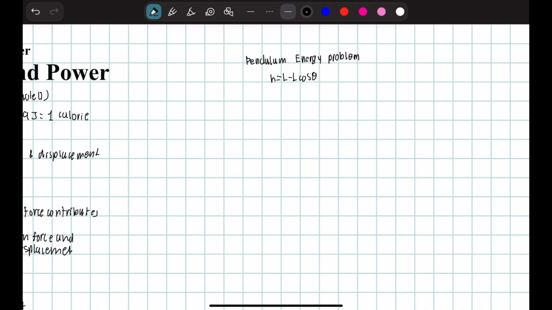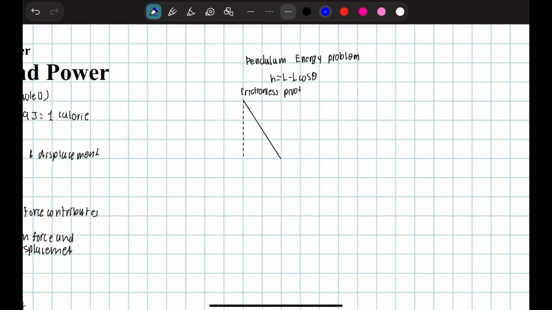So let's draw what a pendulum is. A pendulum is basically like you have this ball, and then there's this thing swinging back and forth. And this is the frictionless pivot.